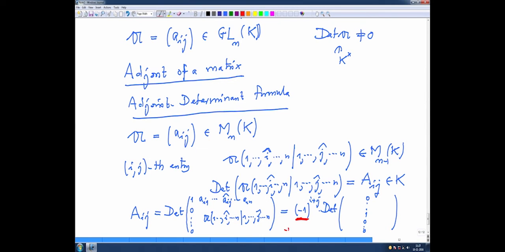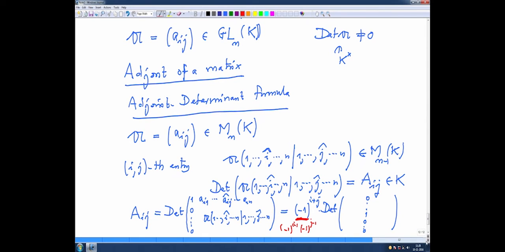So minus 1 power i minus 1 will come from row changes, and then again changing it to the jth column, that means j minus 1 changes of the column. So this will be this sign. Altogether, minus 1 power i minus 1 plus j minus 1 is even, so it will disappear and it is the same as this.